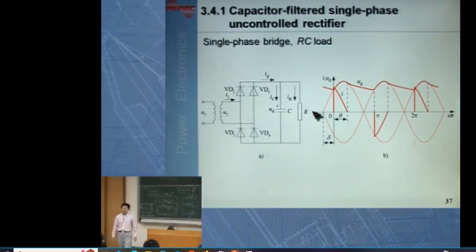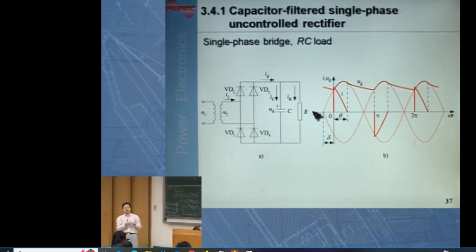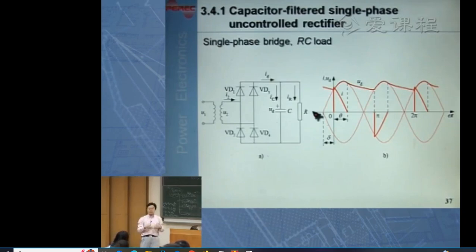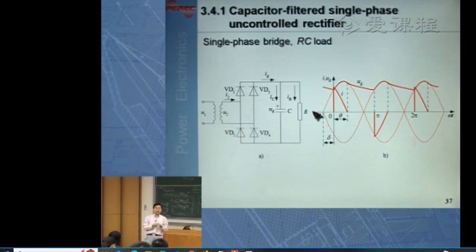And that capacitor really makes the analysis much more complicated. Because if it's just a resistor, the good thing is the load voltage and the current will have the same waveform, and that's easy for us to analyze. Or if the load is an inductive load, and when we consider the inductor is large enough, then we can always assume this load current is constant. That also makes things much easier.